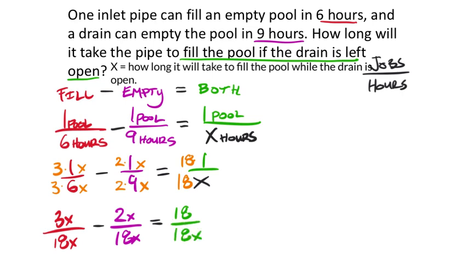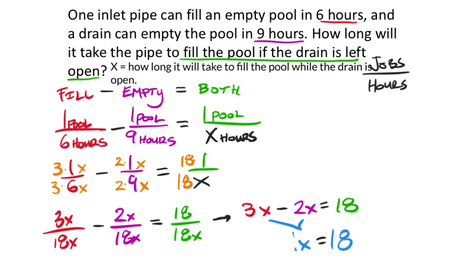Now that my denominators match, I can rewrite this without any of the denominators. So I now have 3x minus 2x equals 18. I have two like terms that I can combine. 3x minus 2x gives me 1x, which means we have already solved for x.